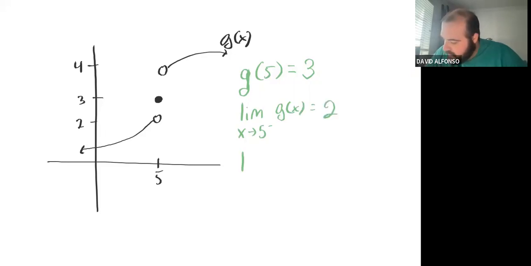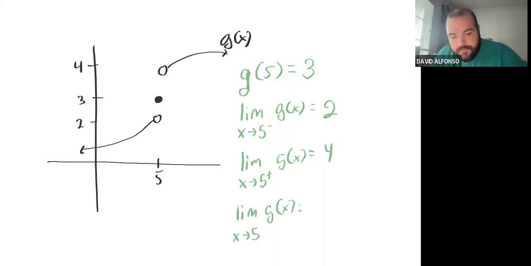And as you approach 5 from the right, it approaches 4. So what would the common limit be then? Does not exist, or NA, or whatever. These are most likely multiple choice questions, and they would accept any of those responses. So the common limit doesn't exist because both left and right don't approach the same value.